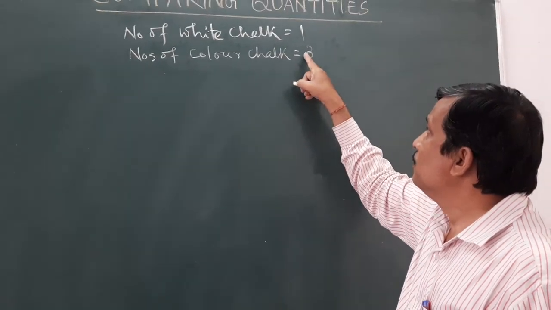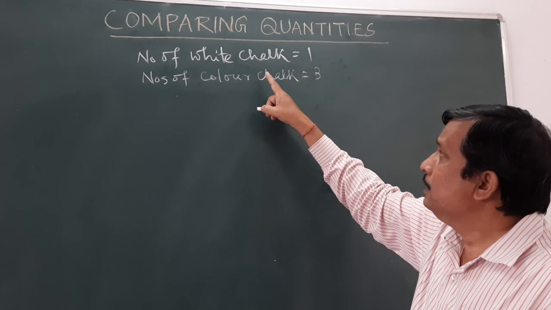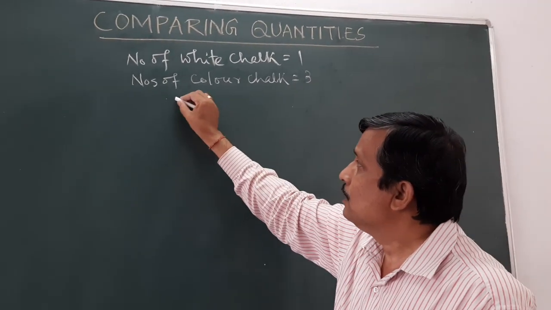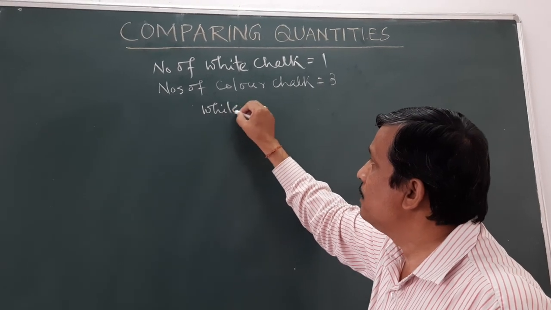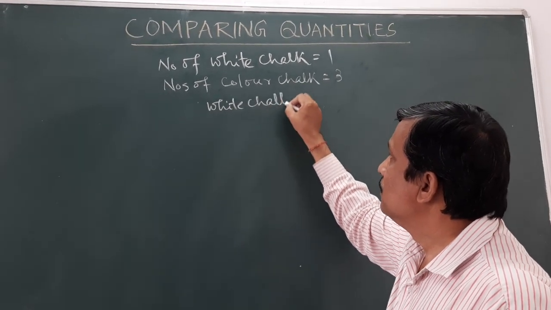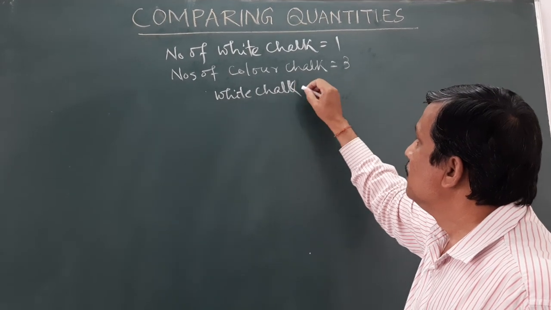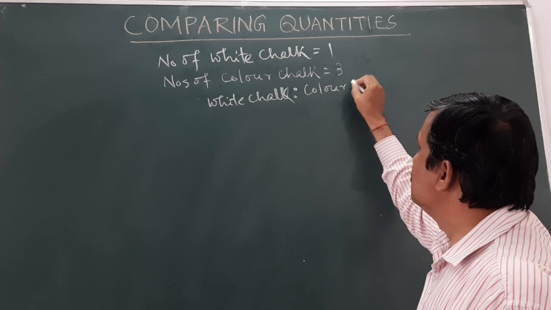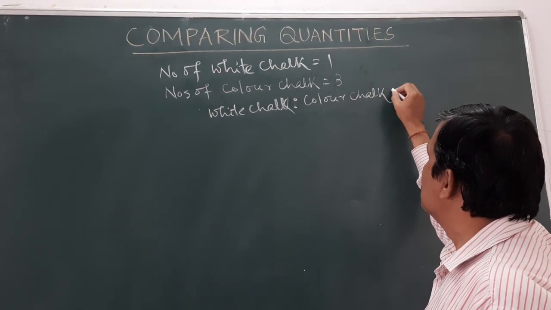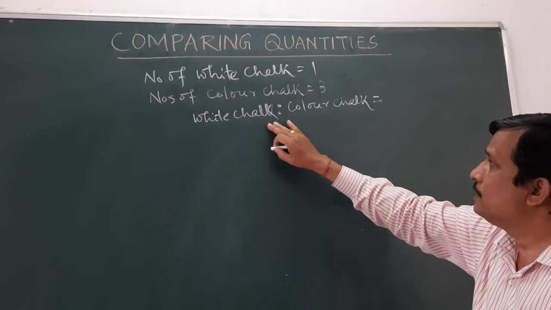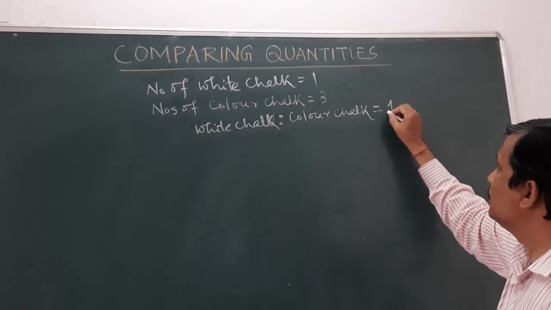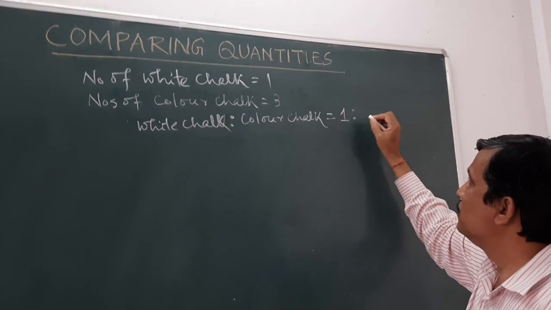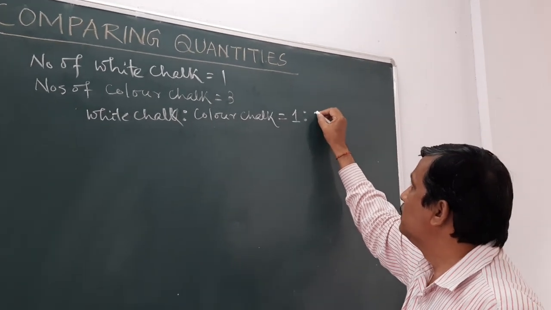So you want to compare the white chalk to the colored chalk. Suppose you are comparing white chalk is to colored chalk. Then white chalk is 1, so you write here 1, and this is the comparison ratio symbol, then 3.